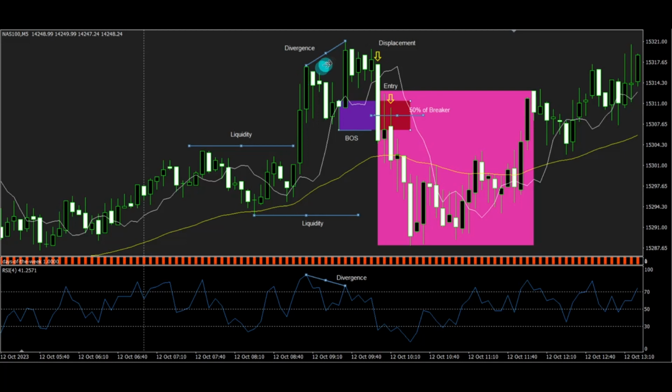Divergence happens with the RSI and price. Then there is a displacement, a break of structure, 50% of the breaker, which is here. Price reaches back to it, and there's your entry. And then the move to the downside to take liquidity.